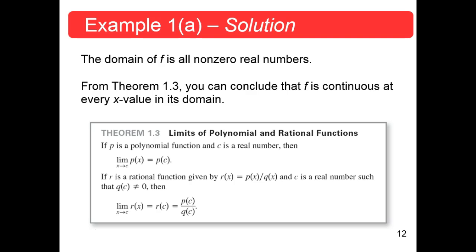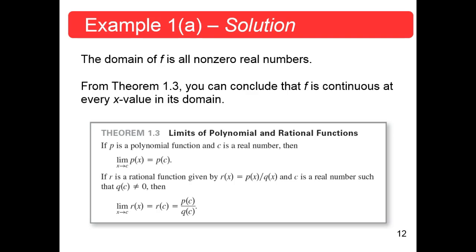This is a flashback to the past. If P is a polynomial function, and C is a real number, then the limit as x approaches C of P of x is P of C. But that's for polynomial functions. 1a is not a polynomial function. It's a rational function. So you go down here.